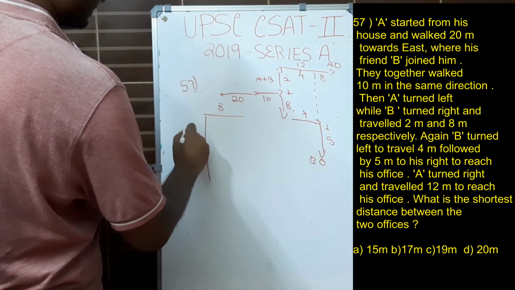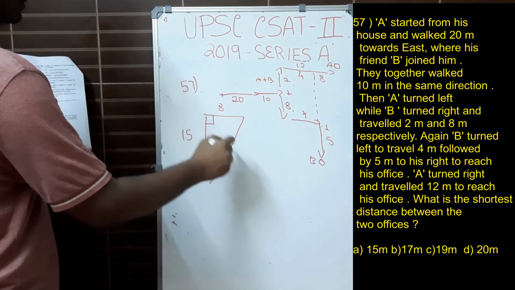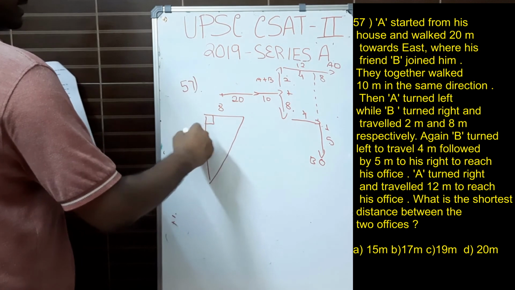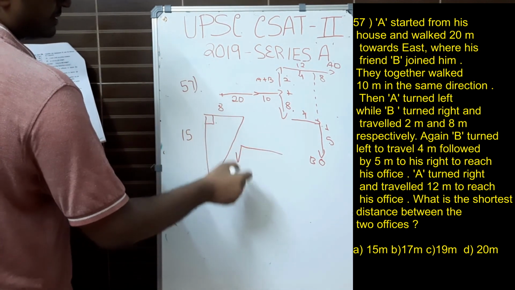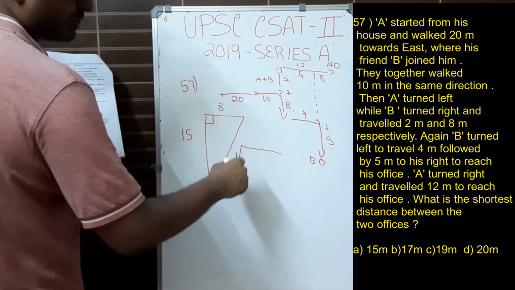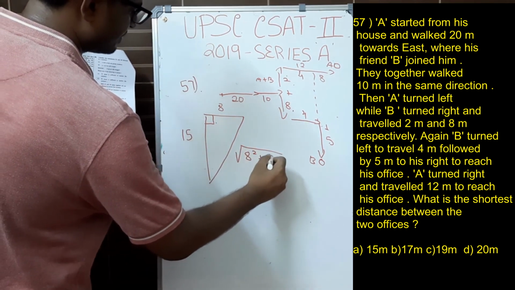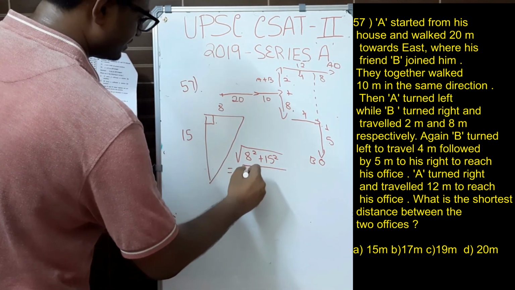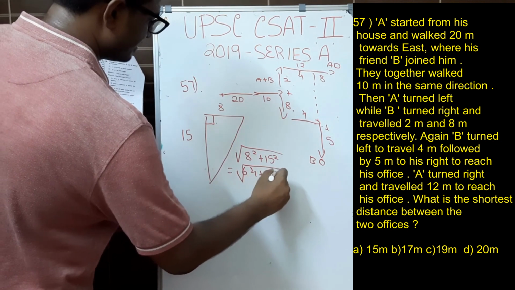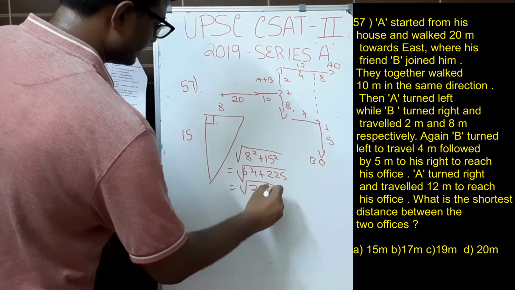And then you can draw this right angle triangle over here and use the Pythagoras theorem, that is, the side opposite to the right angle is the square root of the sum of the squares of its sides, that is root of 8 square plus 15 square, which will be root of 64 plus 225, which is root of 289, which is 17.